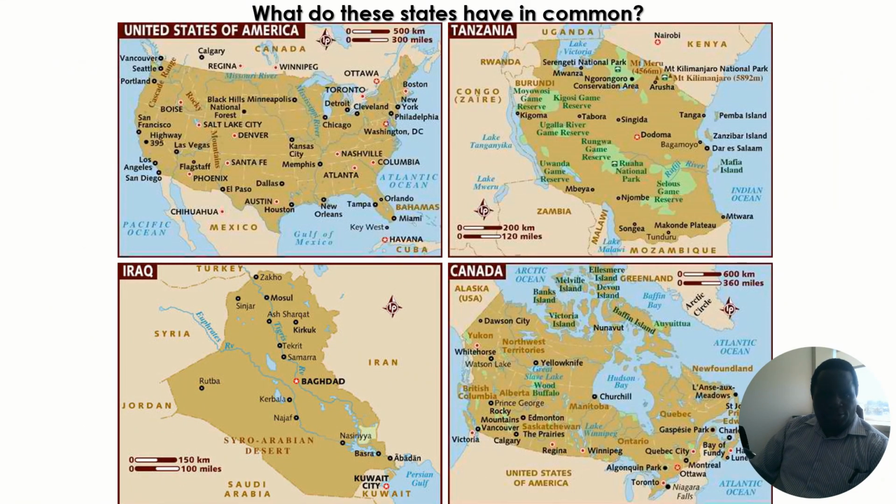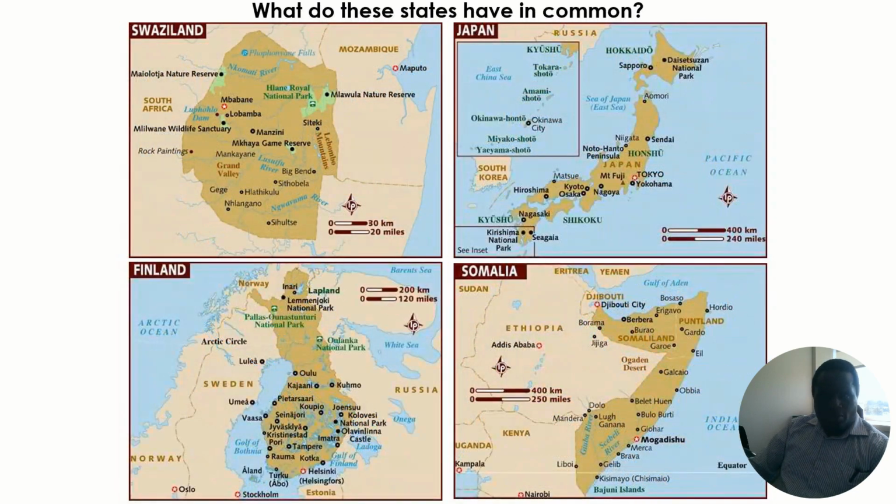So these maps are intended to assist us to think about what these entities have in common. For example, the United States, Tanzania, Iraq, and Canada are best used alongside another set of maps: Swaziland, or Eswatini these days, Japan, Somalia, and Finland.